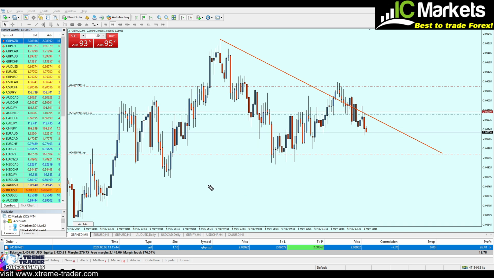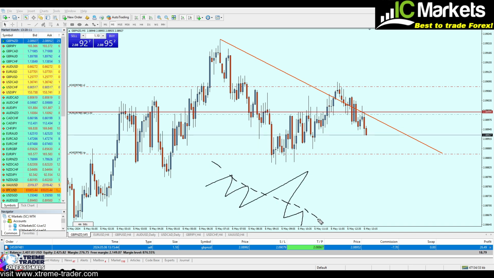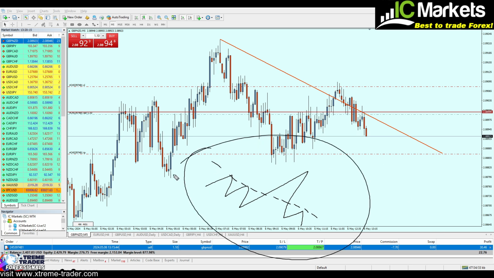So let me draw it again so I can show you this happening. So look at that guys, we're running in good profit so far. Based on this sketching right here, we can see that we had a resistance trend line and it has been respected for once and twice, meaning that was a real level of a resistance trend line. Then right here we do have the fake breakout. Now how do we know it's a fake breakout?